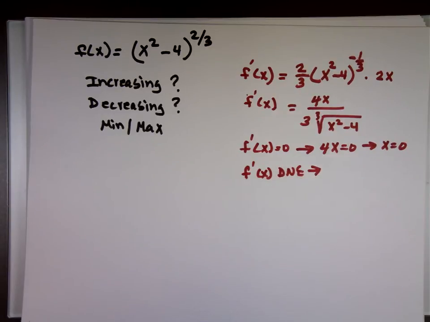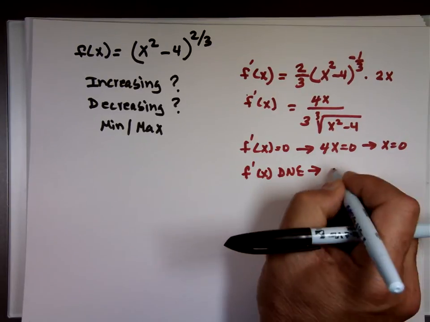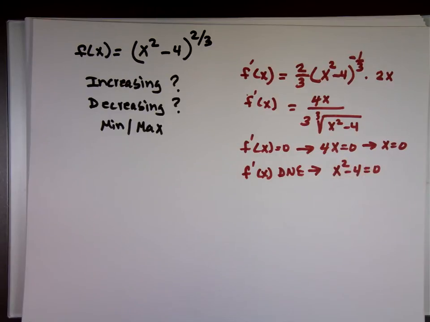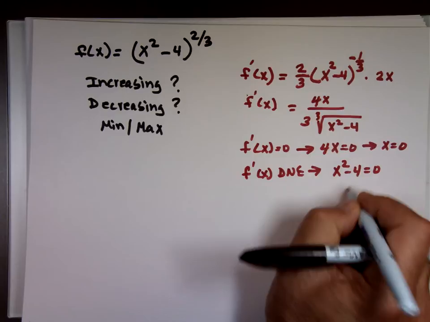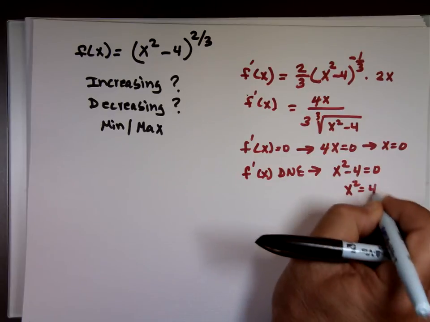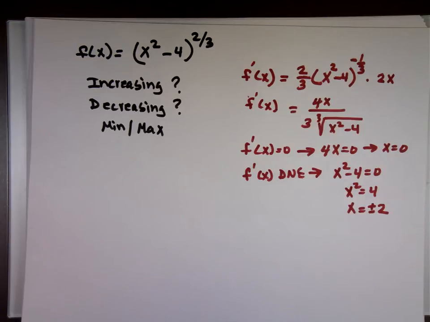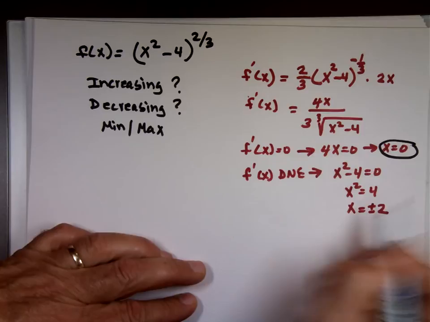The only way the bottom will equal 0 is if x squared minus 4 is equal to 0. That means x squared equals 4, x equals plus or minus 2. So how many numbers do we have for critical numbers? We have 1 here, and we have 2 here. 3 numbers altogether.